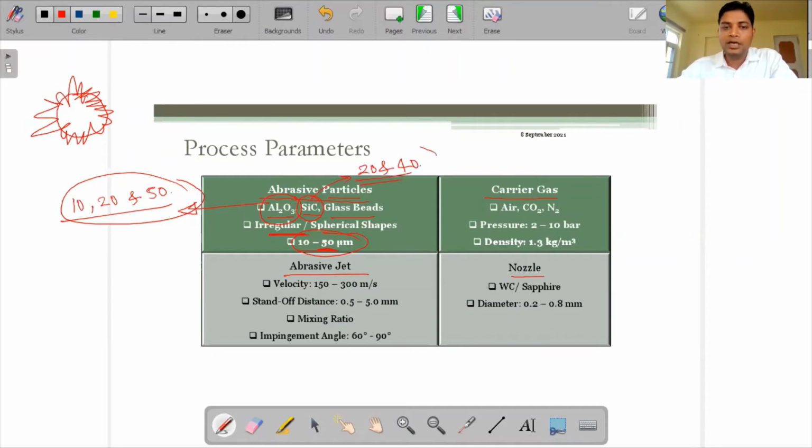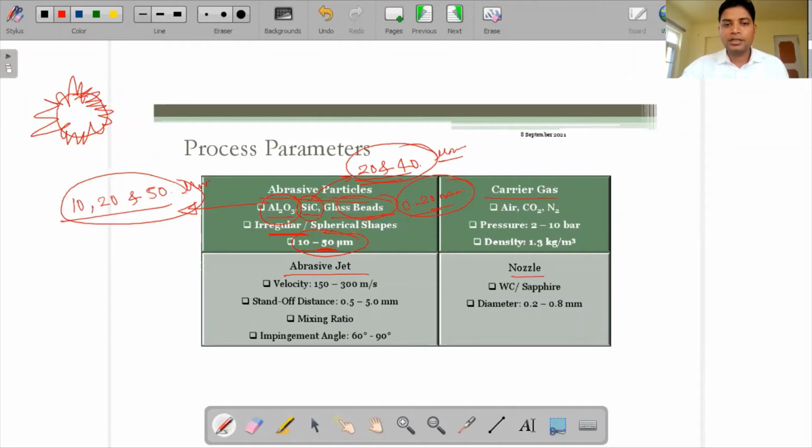Similarly, glass beads are also available, but their diameter is generally around 0.2 mm, which is large compared to micrometers, so we avoid it, but if there is a need we can use it as well.